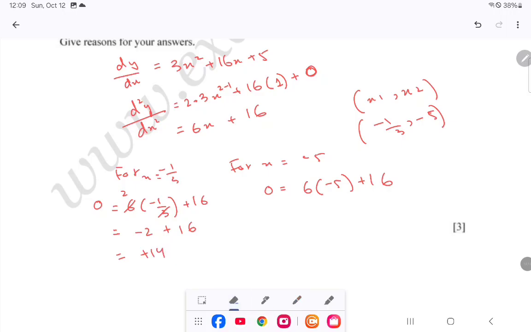You don't have to show the positive sign. Now it will become negative of 30. 6 into 5 is 30. Minus 30 plus 16, it will become negative of 14.